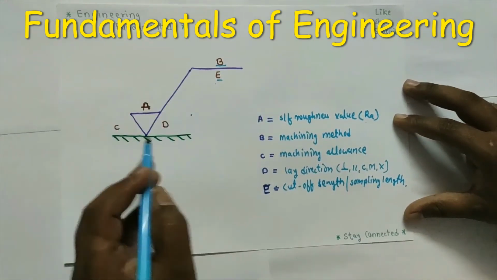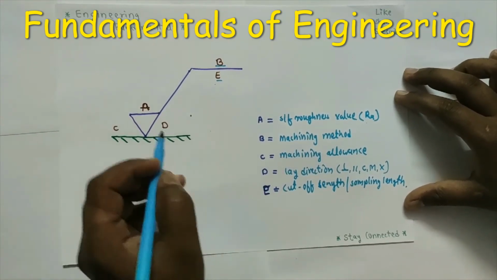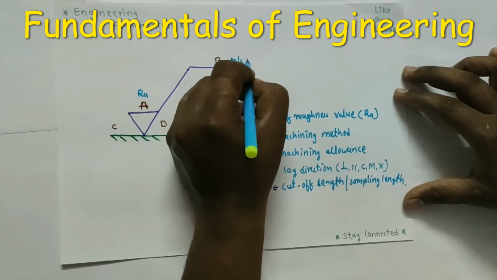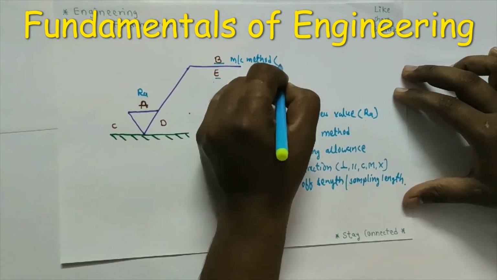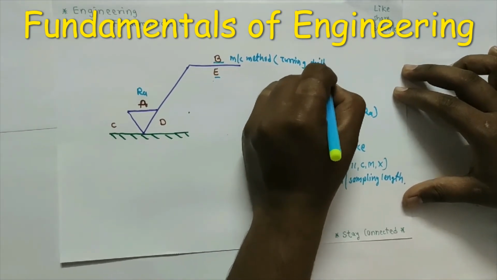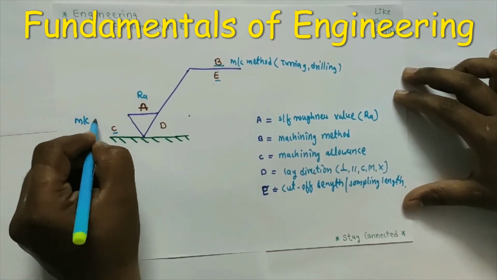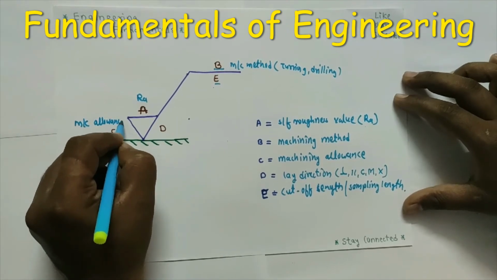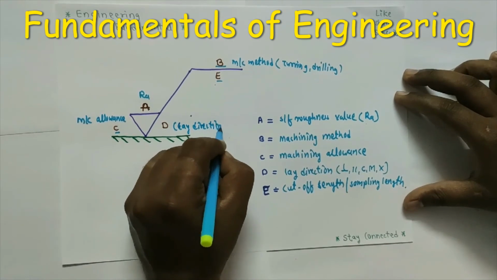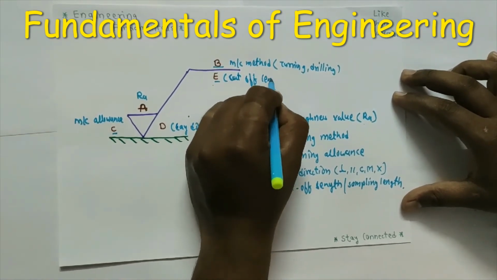So in this way we mention the surface roughness in symbolic form. A is the Ra value, B is the machining method, which can be turning, drilling or any other method, C stands for machining allowance, D is the lay direction, and E is the cutoff length.